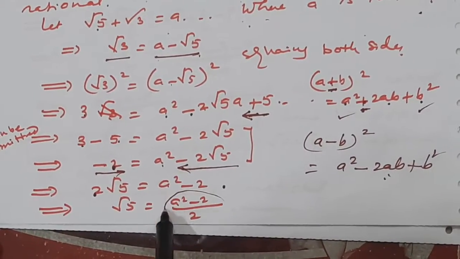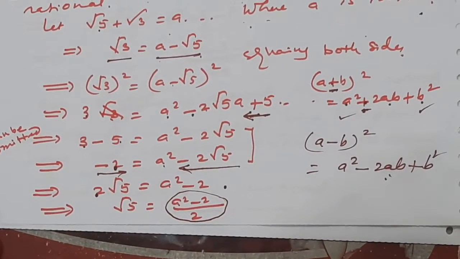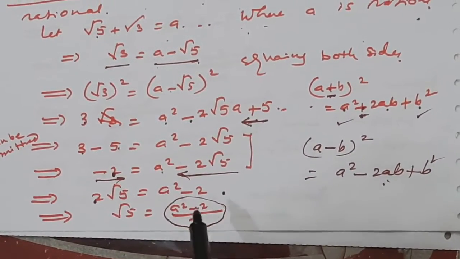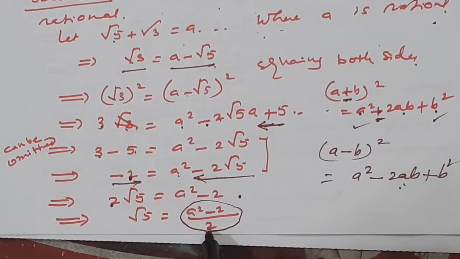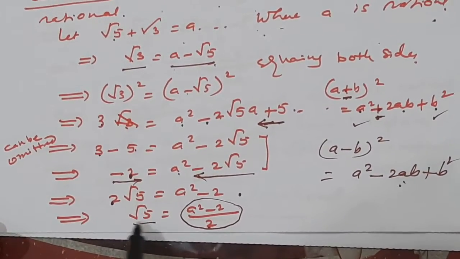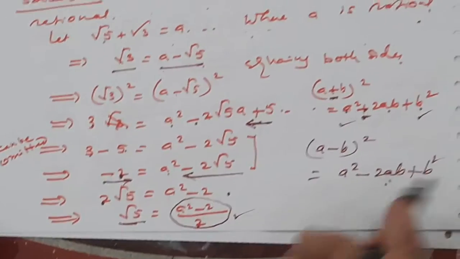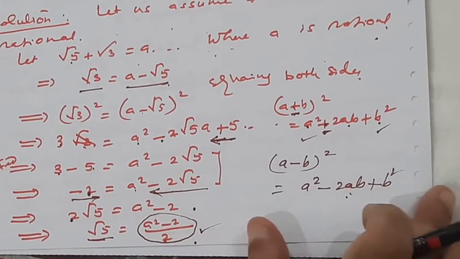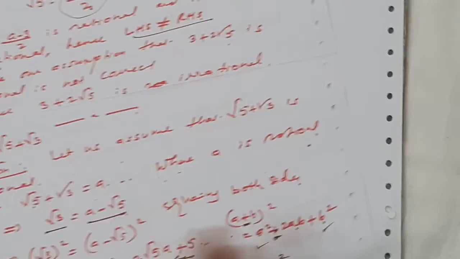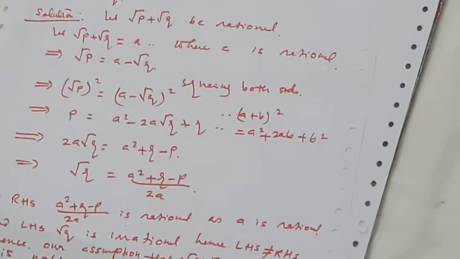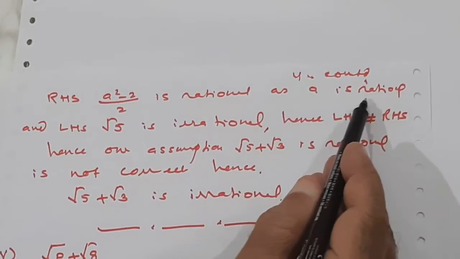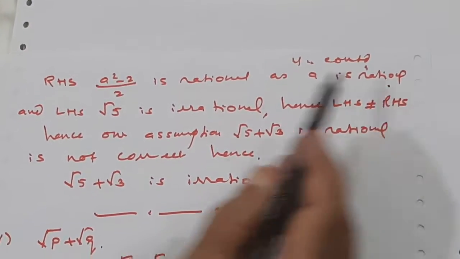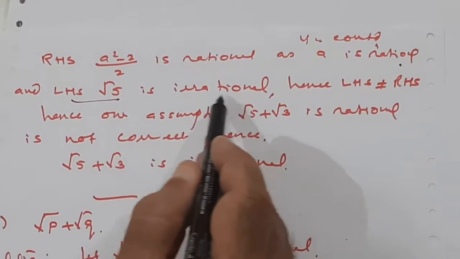Now this entire right hand side is a rational number. You know a is a rational number by assumption, and a square minus 2 upon 2a, 2 and 2, they are all rational numbers. So root 5 is irrational and this is rational. Can it be possible? Of course not. So right hand side a square minus 2 upon 2a is rational, as a is rational, and left hand side root 5 is irrational.